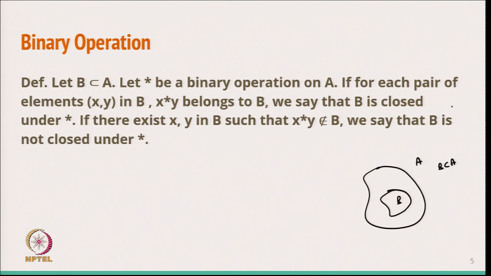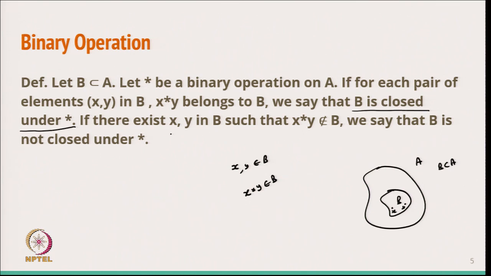Now, if for each pair of elements x, y in B, I choose two elements x and y that belong to B and apply the same binary operation, x star y also belongs to B, we say that B is closed under that binary operation star.